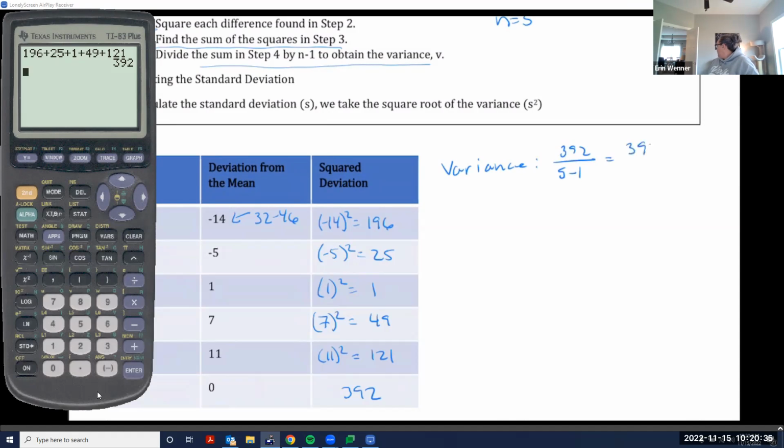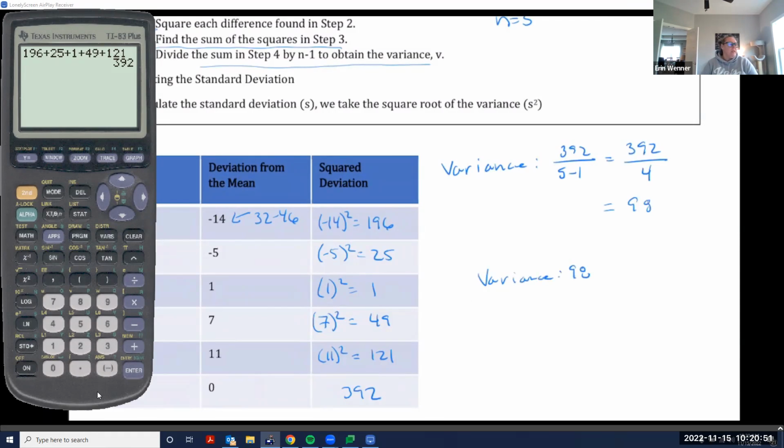So 392 divided by 4 gives us 98. So the variance is 98, which doesn't really tell us a lot because it's a squared value.